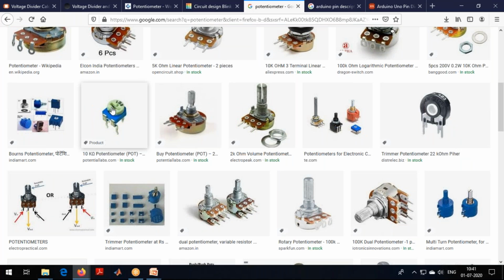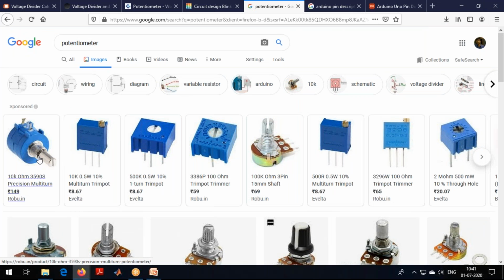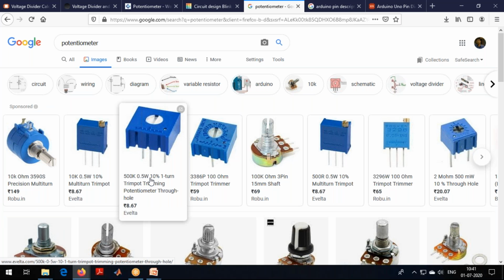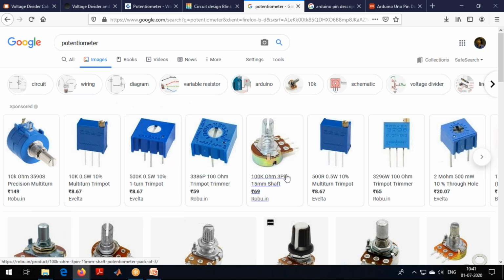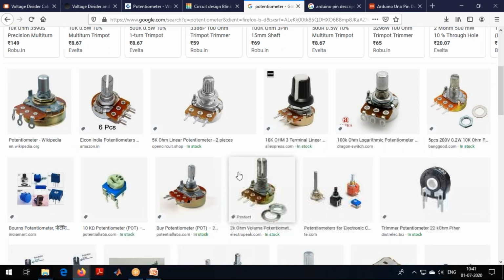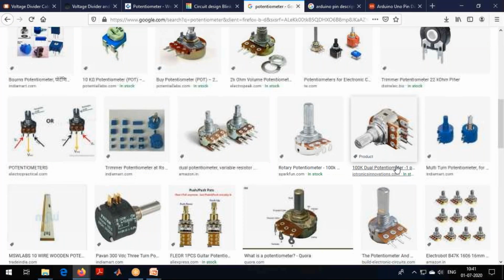For example, this particular potentiometer says 10 kilo ohm, this one says 500 kilo ohm, 100 kilo ohm, 2 mega ohm potentiometer. Basically they have 3 pins.